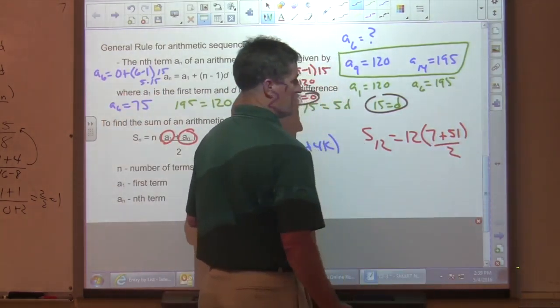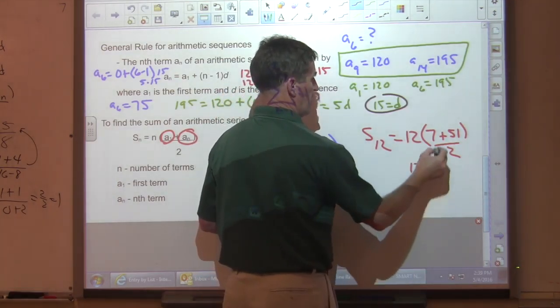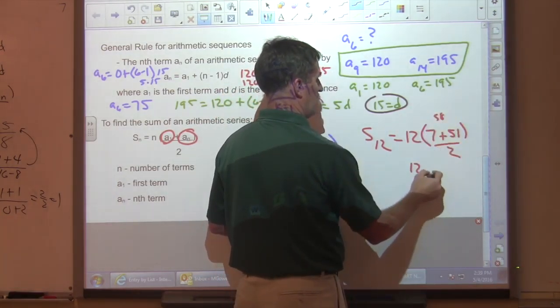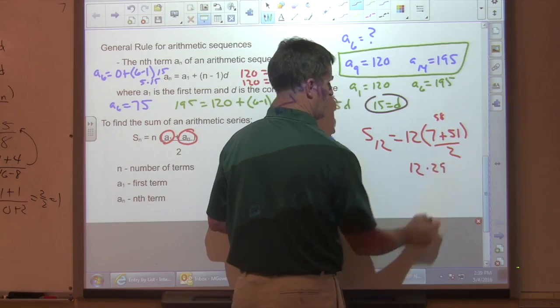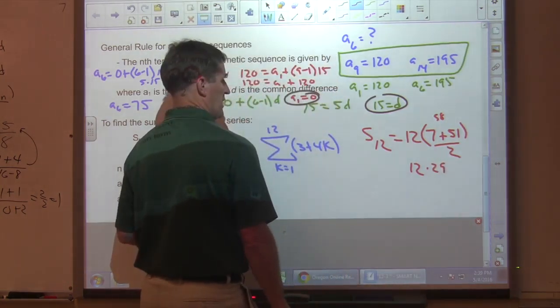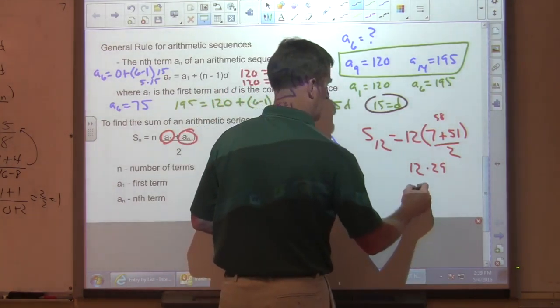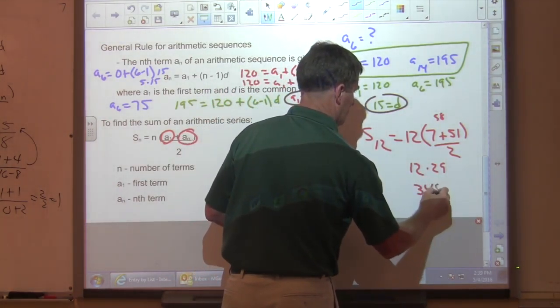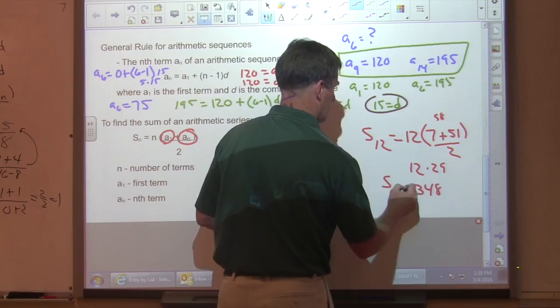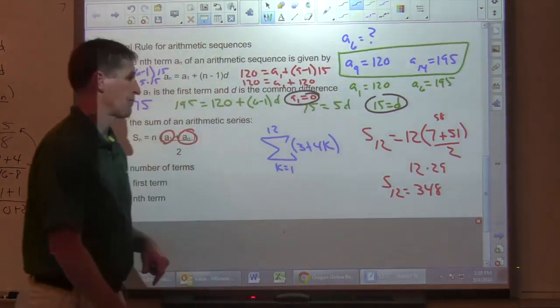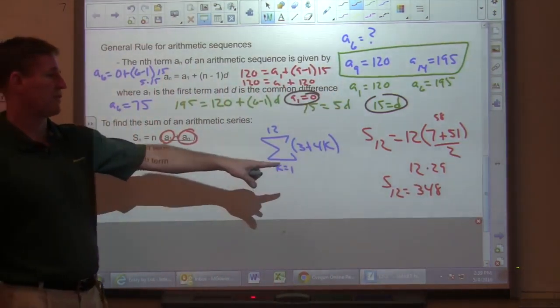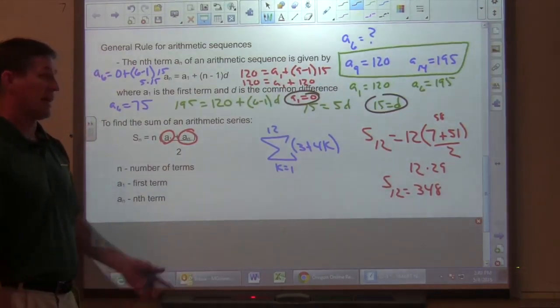Divided by 2. So this becomes 12 times 58 divided by 2, which is 29. And 12 times 29 is 290, plus 58, 348. Okay? So this S12 is 348. And that's what you're doing.